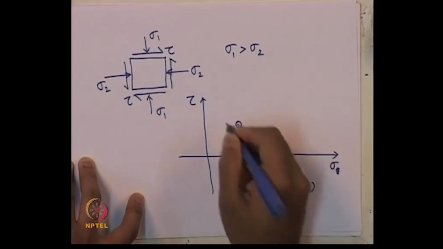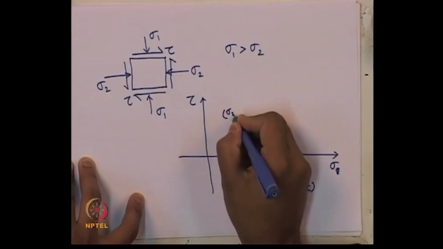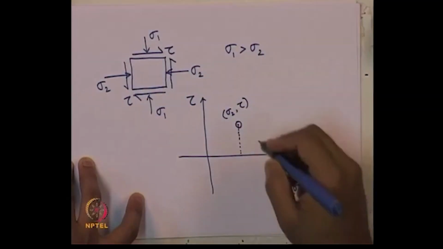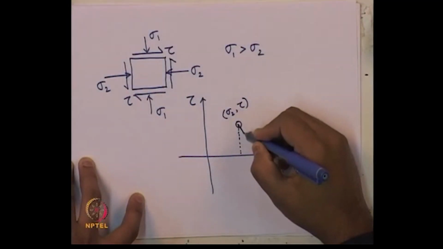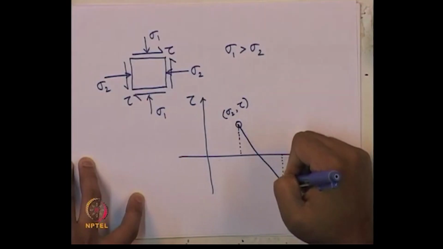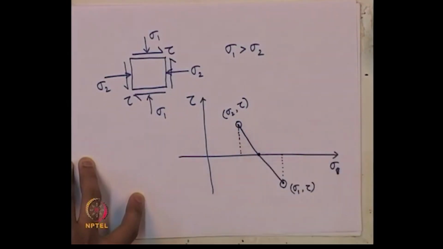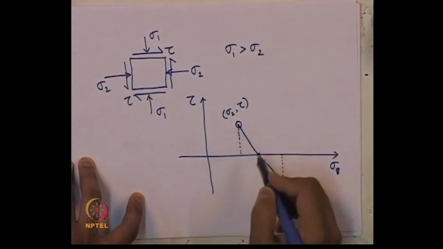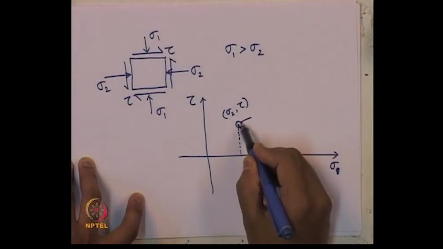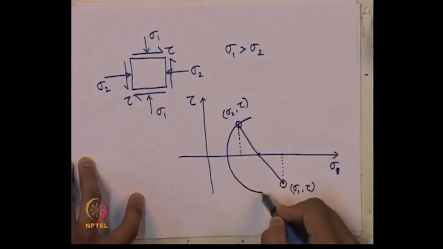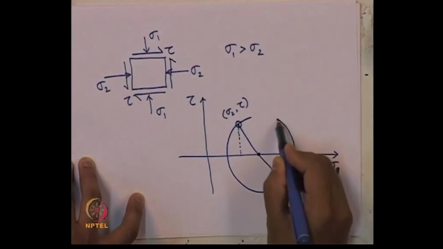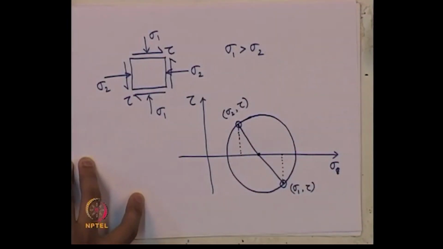So, this point will be sigma 2, tau. Now, to draw the Mohr circle, we simply join them by a straight line. This will be the center of the circle and this one is the radius. So, this is how we draw the Mohr circle for any stress condition like this.